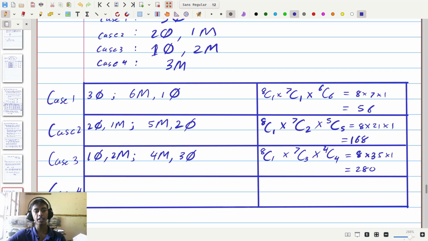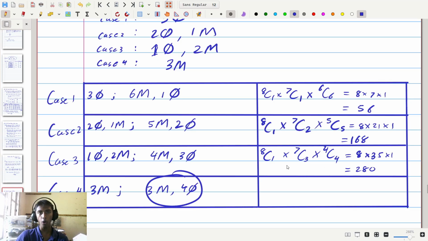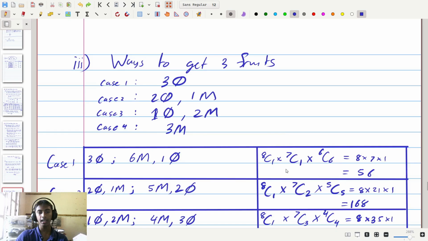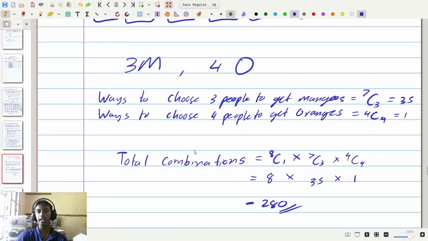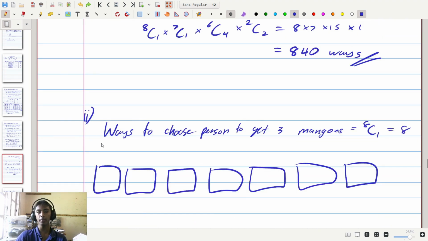For the very last case, we need to give 3 mangoes to this guy, and once we give the 3 mangoes, then we give the remaining 3 mangoes and 4 oranges to the remaining people. Now once again, we can actually evaluate this, or we could go back and realize that the case where one guy gets 3 mangoes and the rest of them get 3 mangoes and 4 oranges is actually the case that we figured out in question number 2.